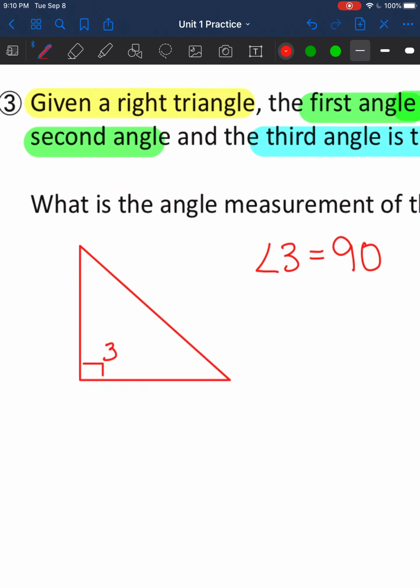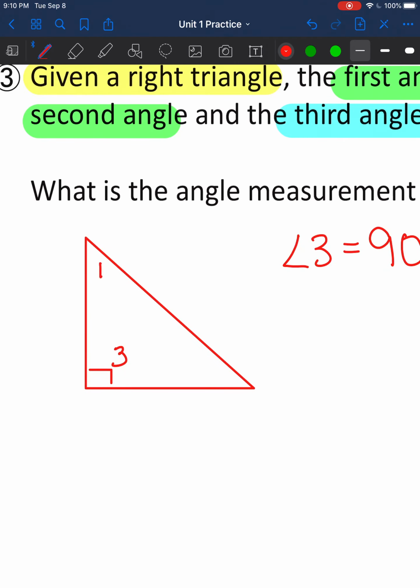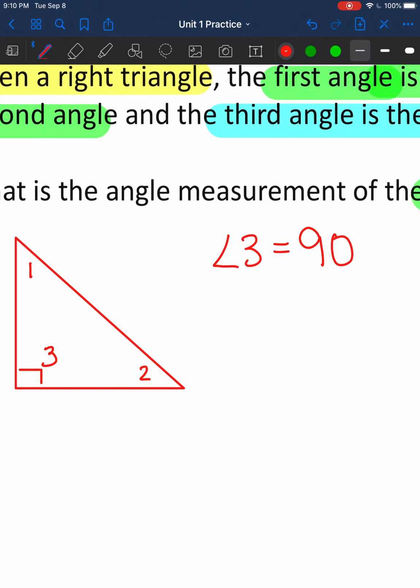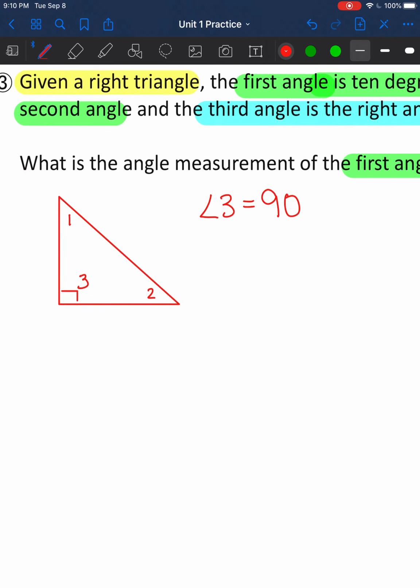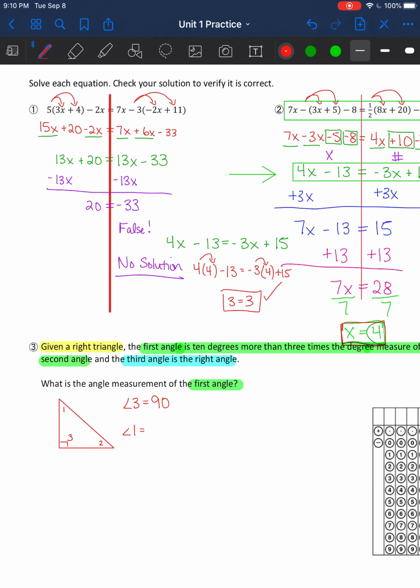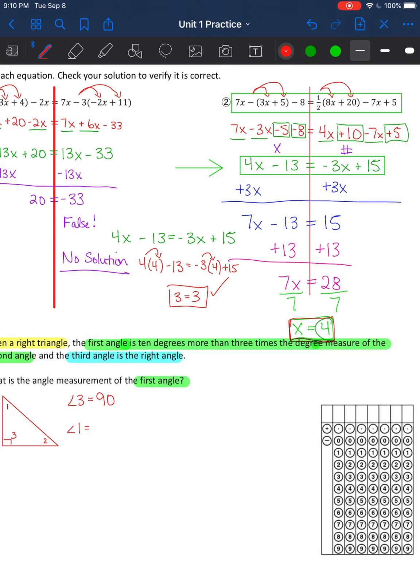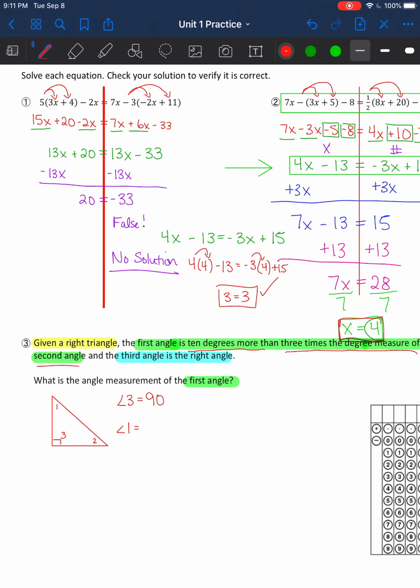I know that there have to be 2 other angles. So let's call this angle 1, and let's call this angle 2. I know angle 1, according to the problem, is 10 degrees more than 3 times the degree measure of the second angle.